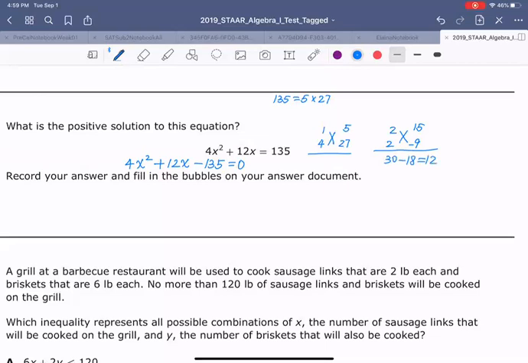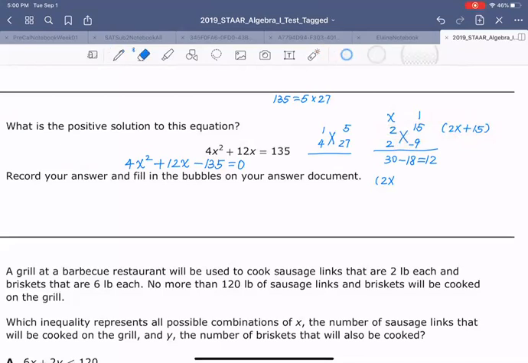So this means 2x. This is the column for variable x. This is the column for the constant. So this stands for 2x plus 15. Listen, when you are checking this middle term number, you are doing the cross multiplication. When you write your final answer, you write it down horizontally, okay?